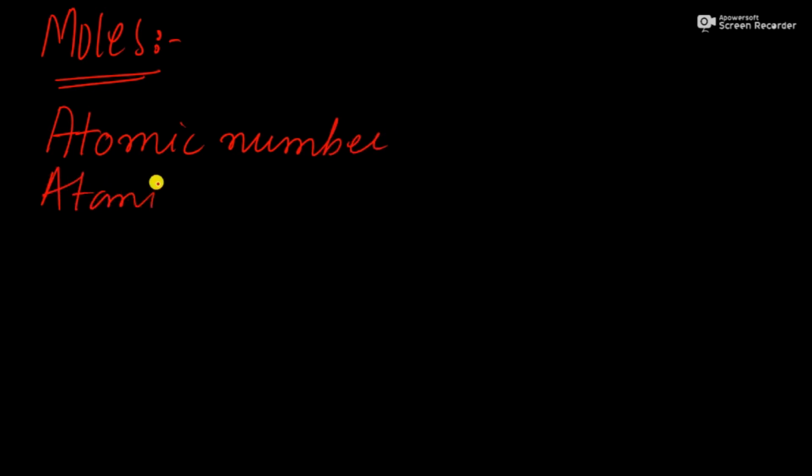Definitely you all know about atomic number and atomic masses. What is atomic number? It is the number of protons present in the nucleus of an atom. And what is atomic mass?